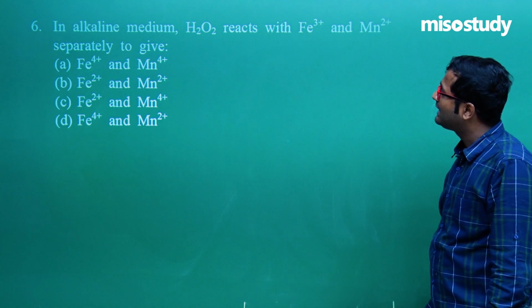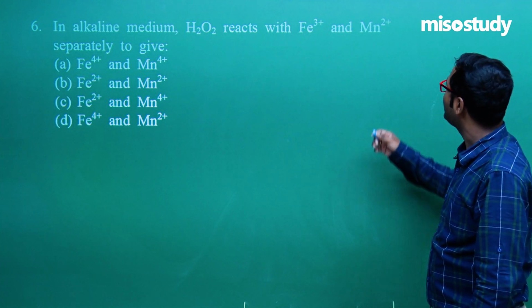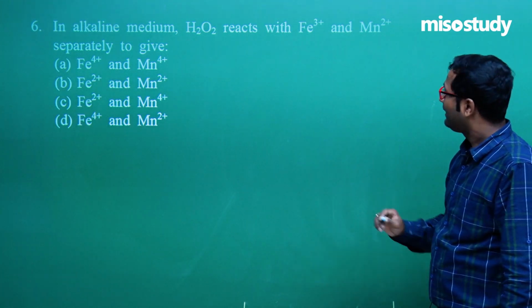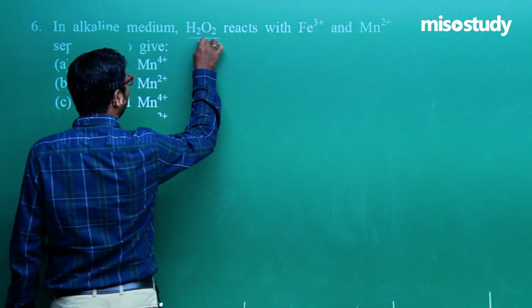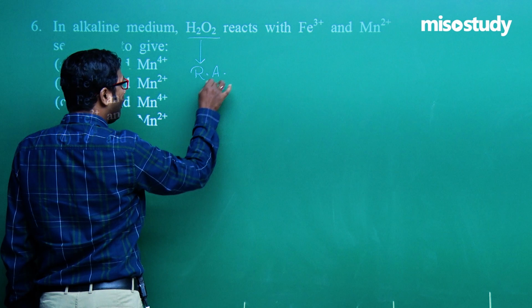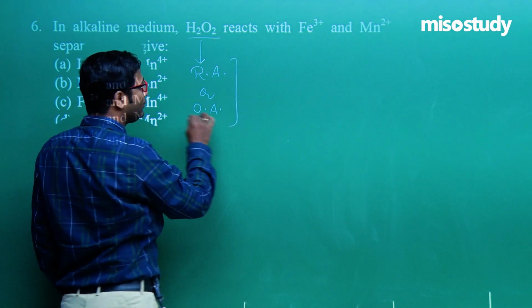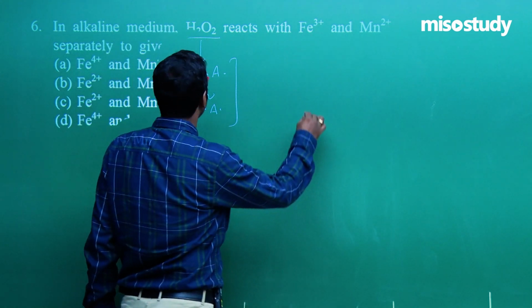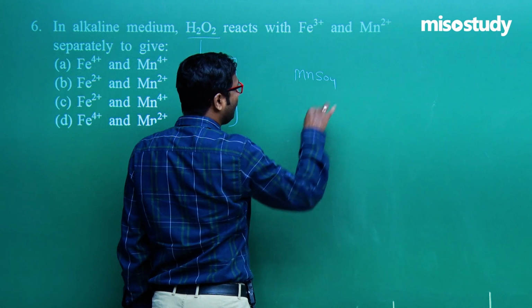Now, in alkaline medium, H2O2 reacts with Fe3 plus and Mn2 plus to give. As we know, this is a good question. H2O2 can act as a reducing agent or as an oxidizing agent. Clear to you? Now, Mn, the general form is MnSO4.